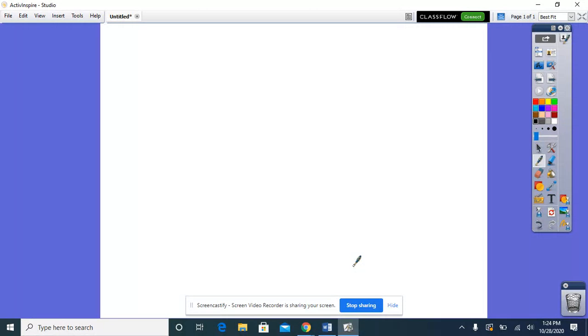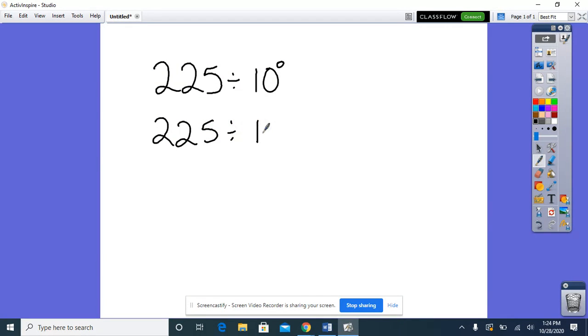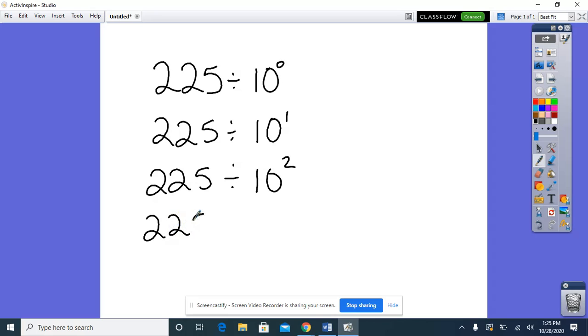If I have something that looks like this, 225, and you want to turn to page 293 in your Go Math book, you aren't supposed to, this is not part of your assignment, but if you want to follow along with me, you can. 225 divided by 10 to the 0 power, 225 divided by 10 to the first power, 225 divided by 10 to the second power, and 225 divided by 10 to the third power.